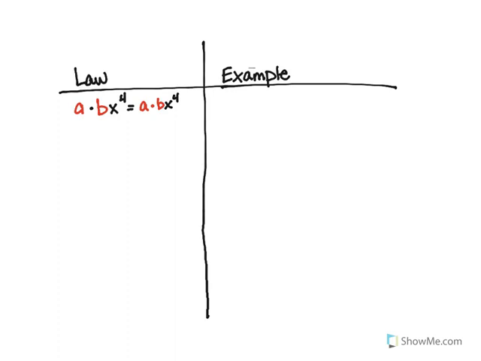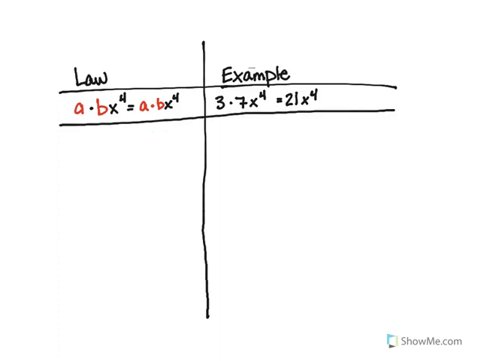So this looks like the same thing. However, for example, if I have 3 times 7 x to the fourth, I'm going to have 3 times 7, which is 21, x to the fourth. So that just means you multiply the numbers. Everything else stays the same.